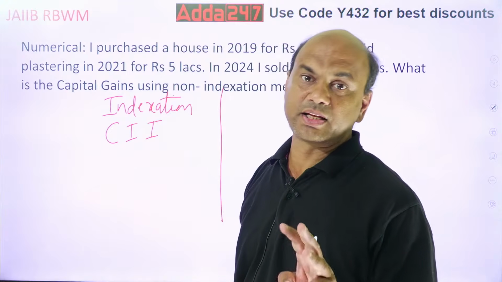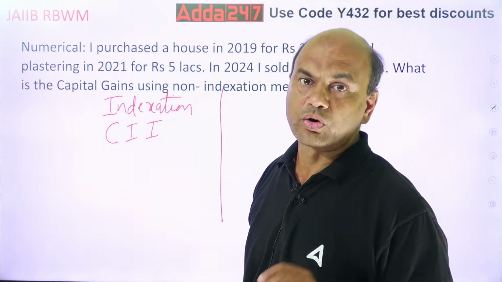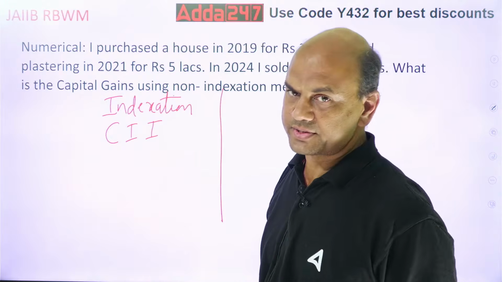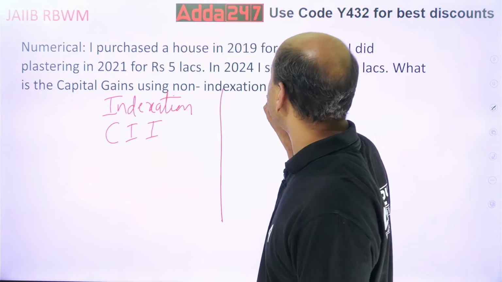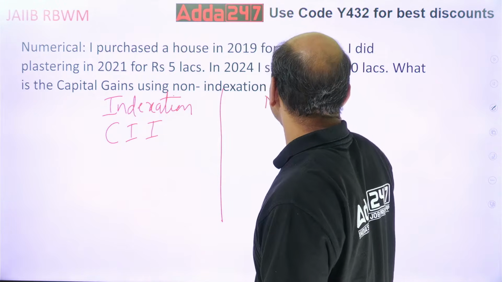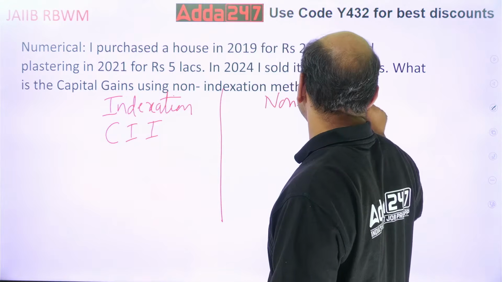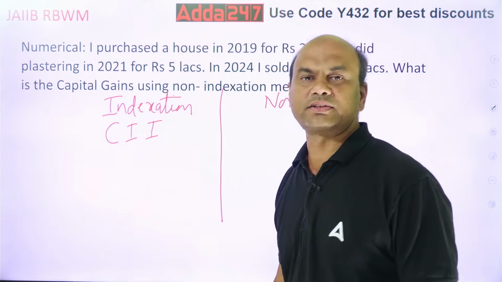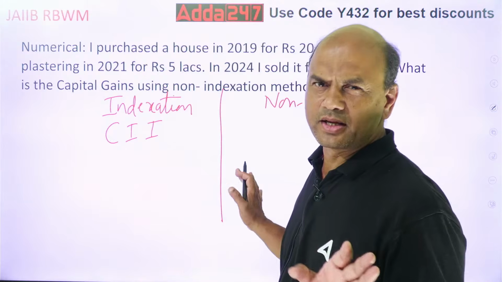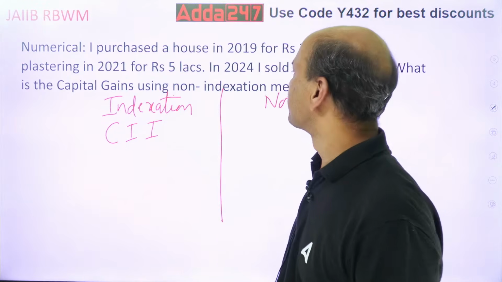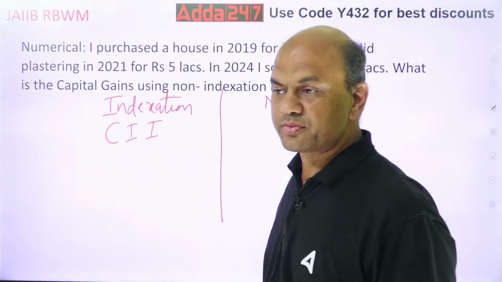All the 3 years CII, cost inflation index, is required. For non-indexation method, you don't require any CII. It's very simple. So now what will be the answer for this?